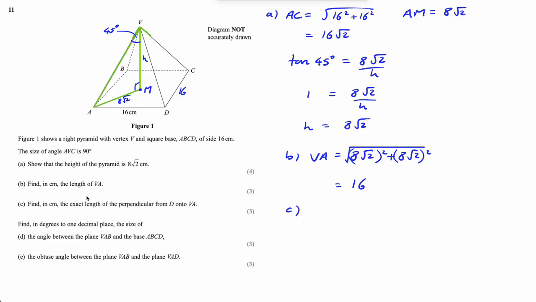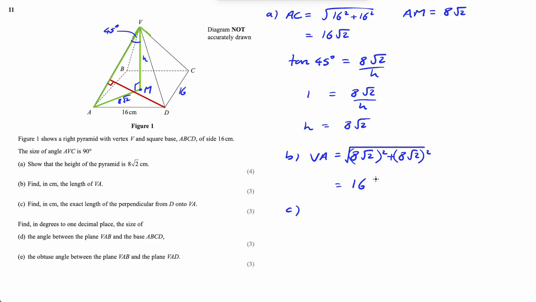Part C. Find in centimeters the exact length of the perpendicular from D to VA. So the perpendicular, guys, is from the point D to VA, at right angles. So find this length.